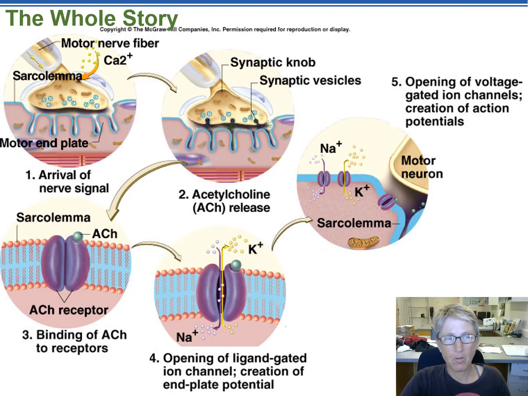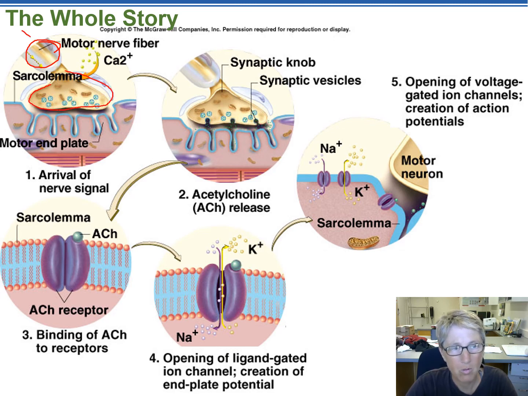So this is a cartoon that kind of shows the whole story, starting with the neuromuscular junction. So here's the motor neuron. Here's the axon terminal of the motor neuron.